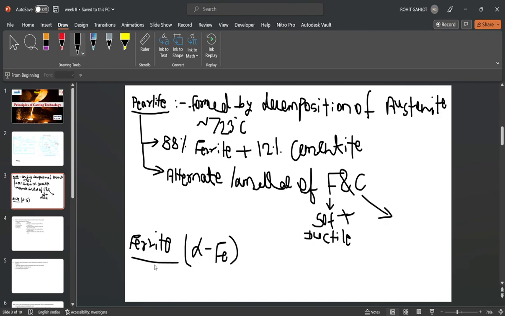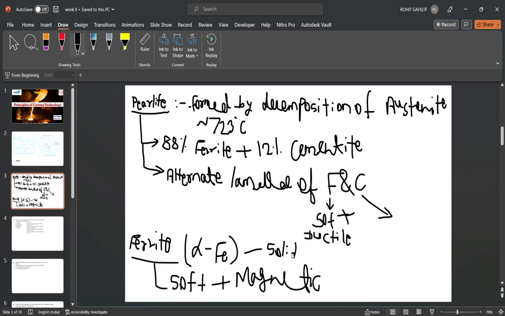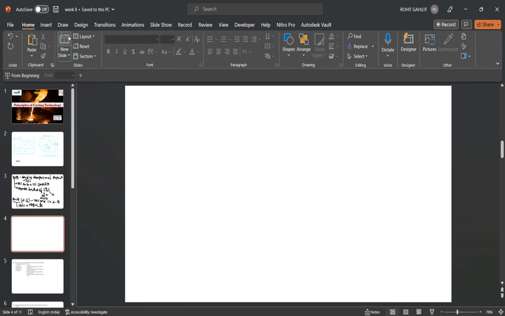It is also very soft and highly magnetic.